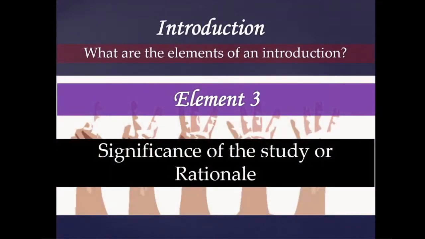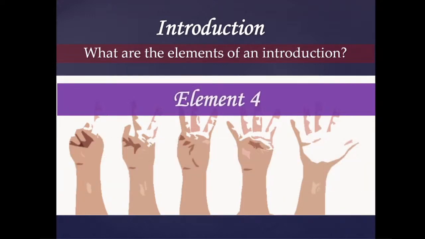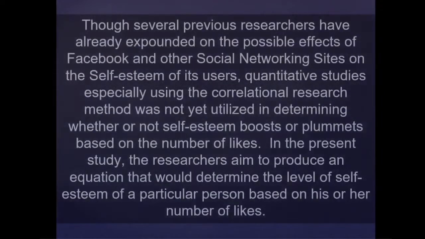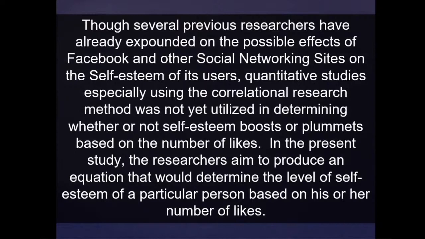In short, element 3 is all about the significance of the study or the rationale. Now, we have the paragraph for the problem, the proposed solution, and the significance of the study. Which do you think will be for elements 4 and 5? To identify that, let's read this fourth paragraph from the same research.